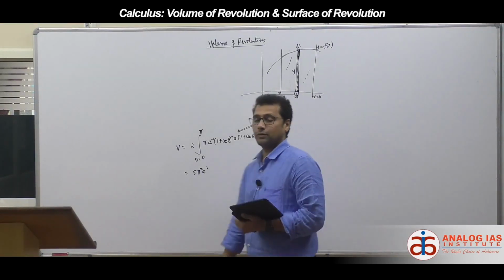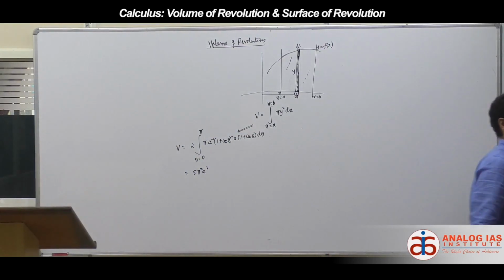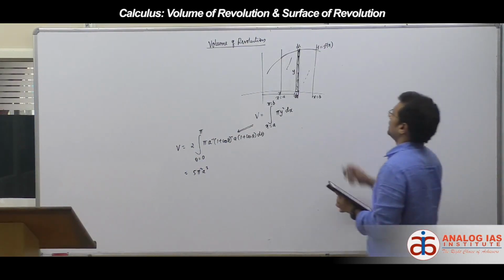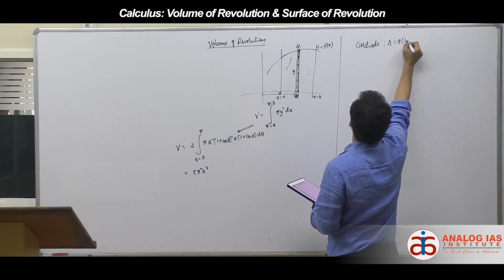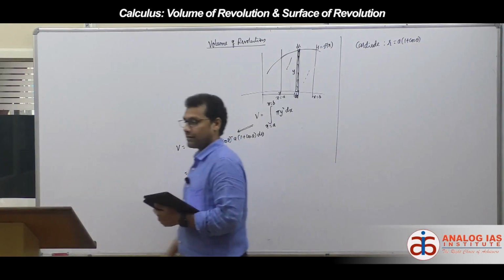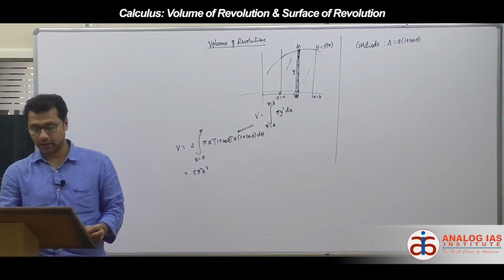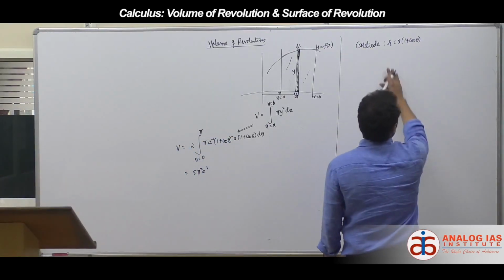Find the volume of the solid obtained by revolving the cardioid r equal to a into (1 plus cos theta) about the initial line. Again, there are 4 cardioids.